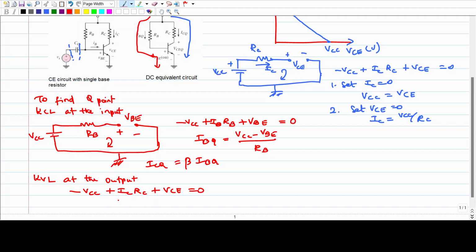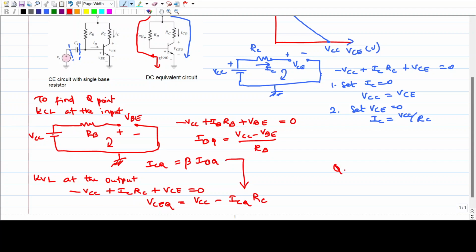From this we have to find VCEQ. So VCEQ equals VCC minus ICQ RC. We already know ICQ, so we can substitute it here to find VCEQ.